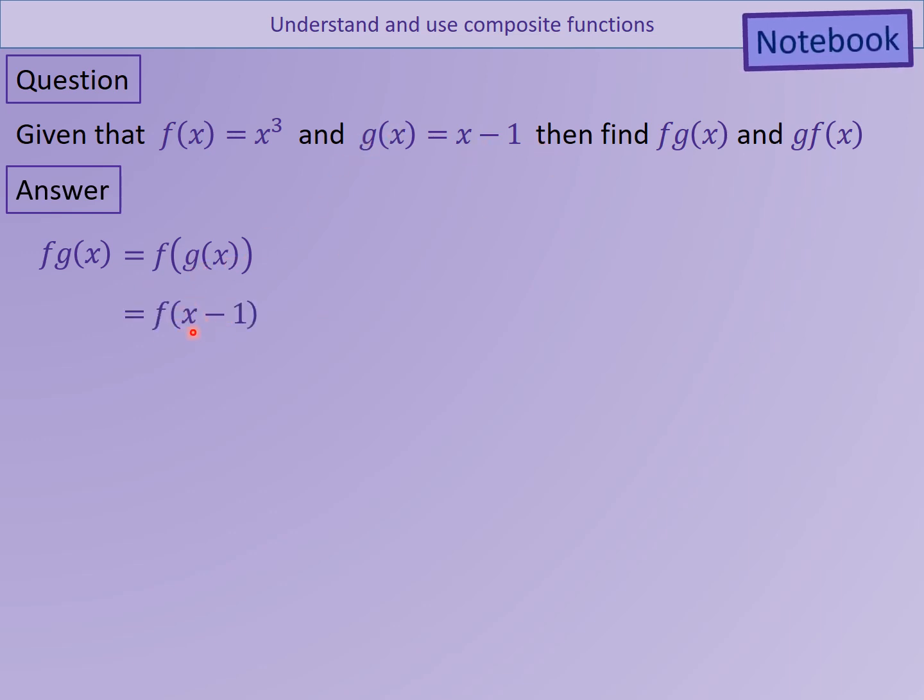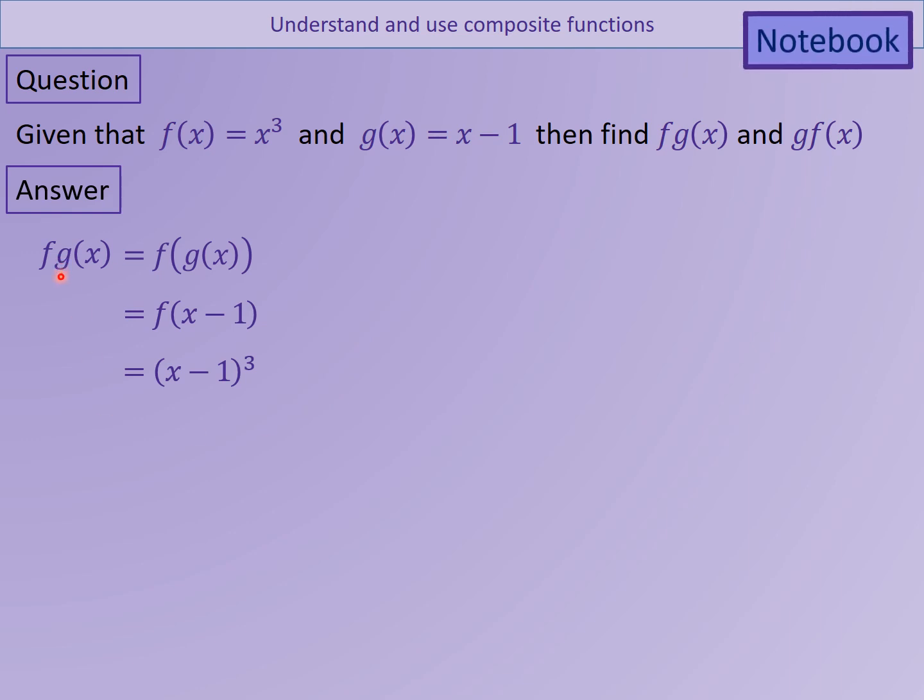Now I consider what the f function does: you take whatever you've got inside the brackets and you cube it. So what do I end up with? x minus 1 cubed. That's it, finished. That's what fg of x would look like.